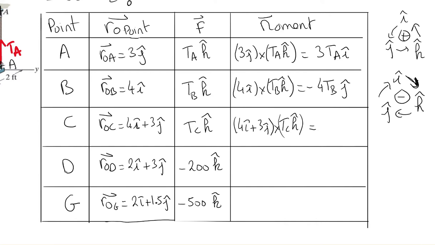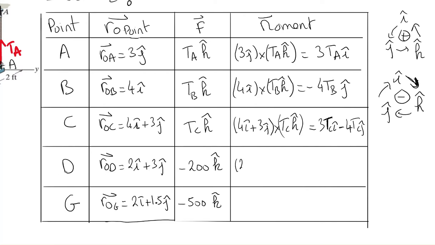I cross K is minus J, so minus 4 TC on J hat, and 3 J cross K is plus I, so 3 TC I hat. Pause the video if you need to think again about the cross products, because I'm going fast on that.